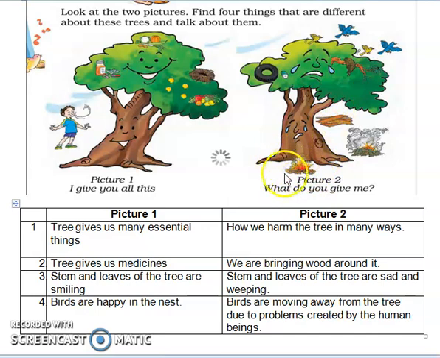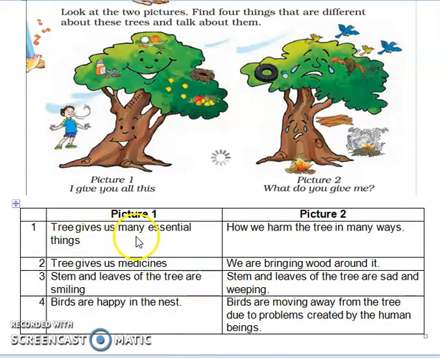There is a fire going on, and if the fire is there, it will definitely harm the tree. When there is fire, wood burns. This stem is also made up of wood, so this harms it.